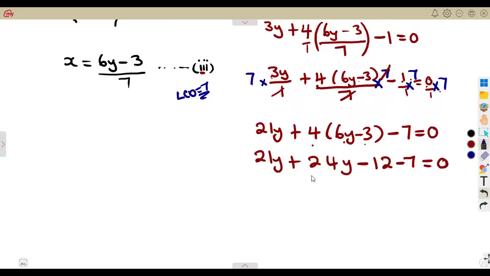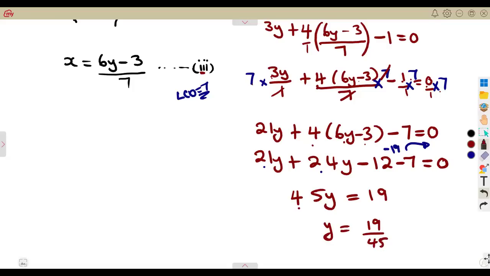Then we can collect the like terms, 21 and 24, which is going to be 45, so 45y minus 12 minus 7, that is minus 19. We take the minus 19 to the other side of the equation, so it becomes a positive 19. Simply divide by 45 both sides, so y is going to be 19 over 45.